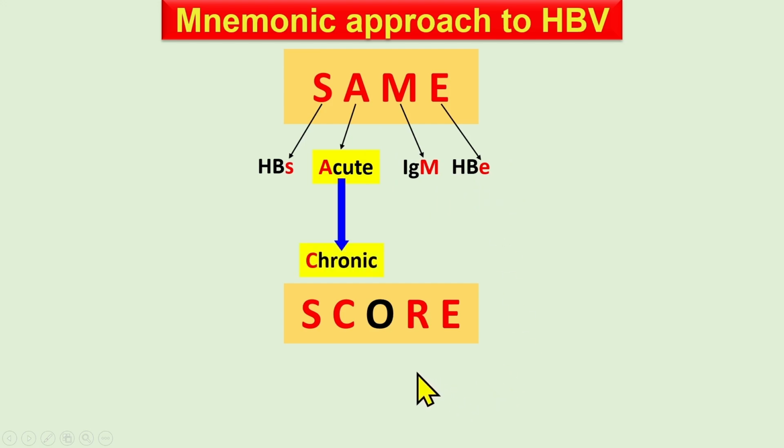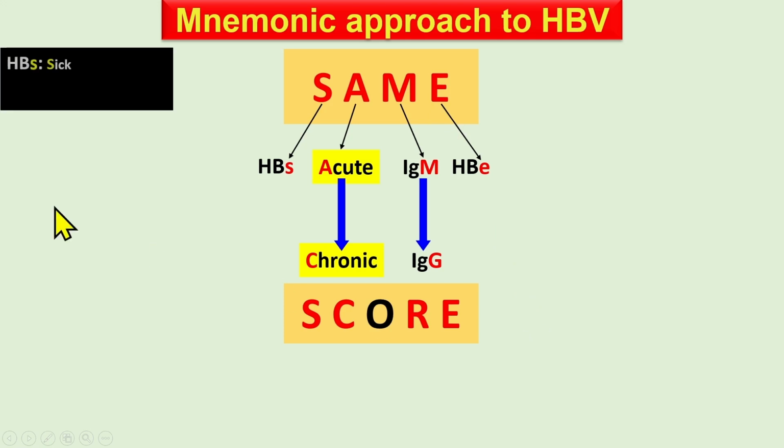When the infection becomes chronic, IgM becomes IgG. So in the chronic phase, S is positive, E is positive, and the IgM is replaced by IgG. In the acute phase, the same mnemonic applies, so SME are positive.